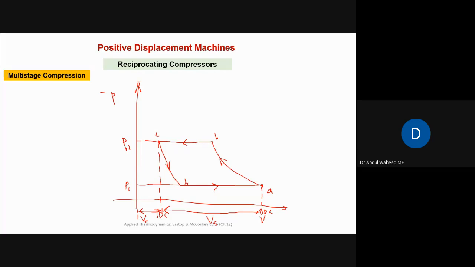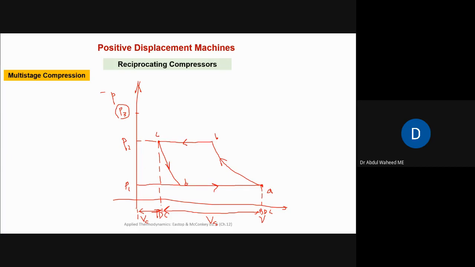Now if we want to use the same compressor for higher pressure, higher pressure means the required pressure is till this one, P3. The same compressor is to be used to achieve higher pressures.